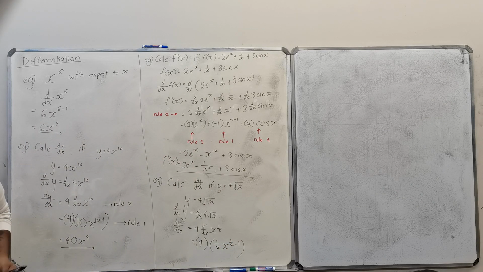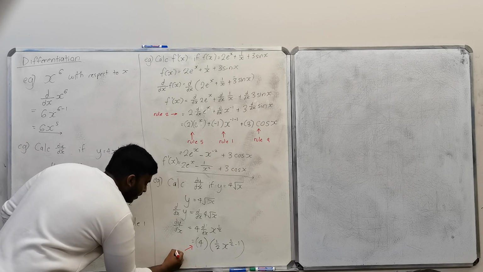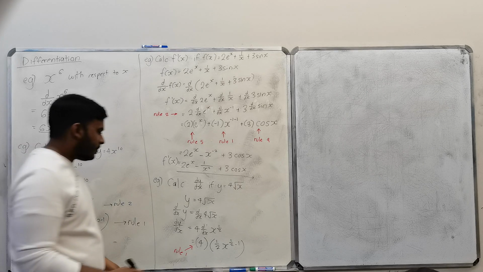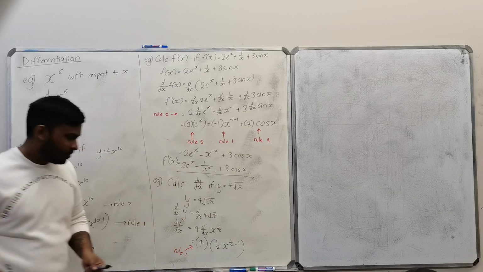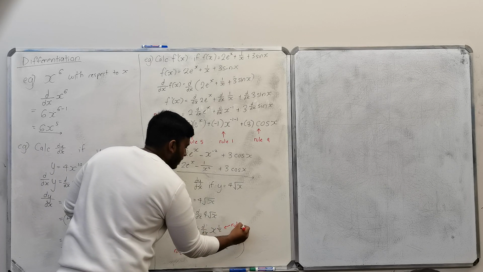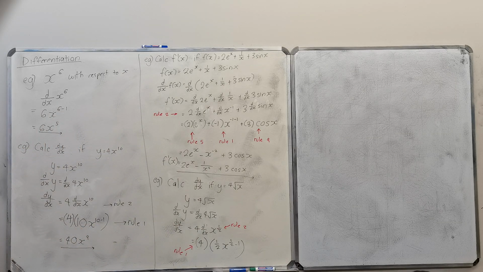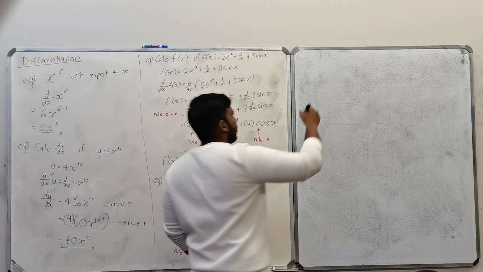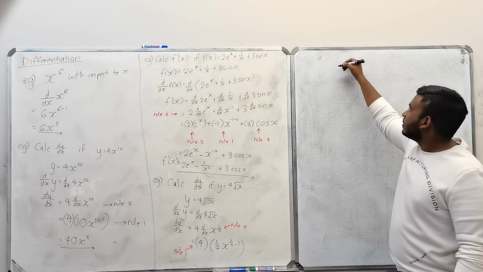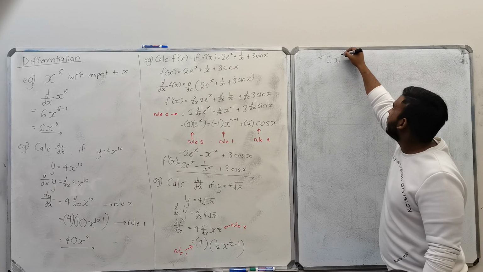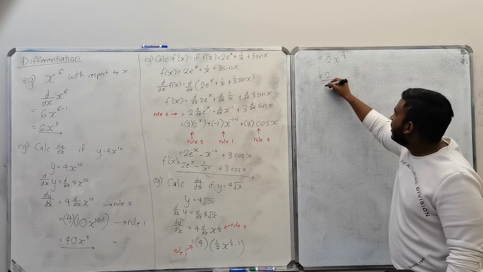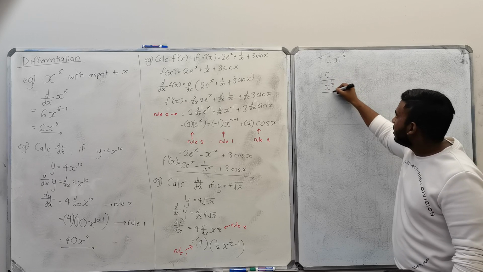Then you just simplify your bracket. 4 times half is 2, x to the power minus half, which is the same as saying 2 over square root x.